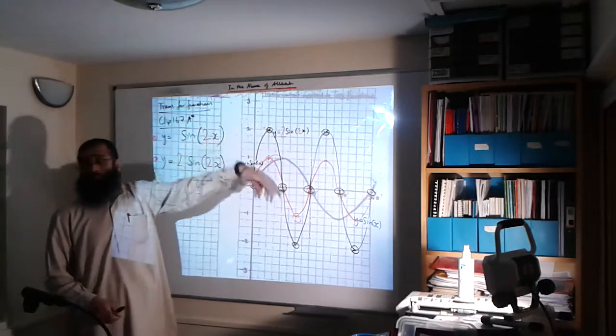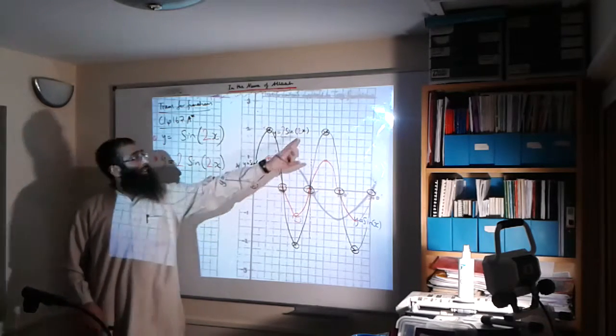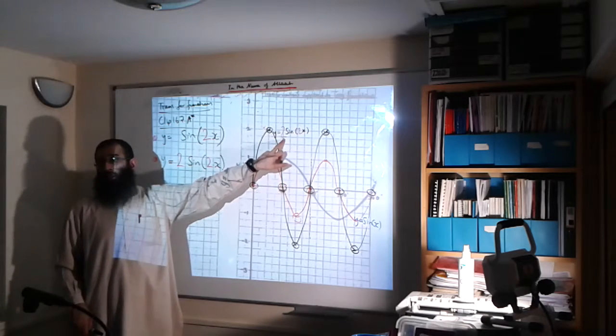So the black graph is y is equal to 2 sin 2x. We have to do the inside one first and then the outside one, in that order.